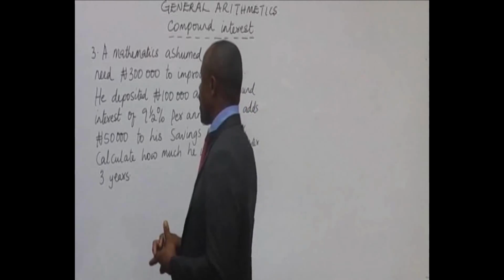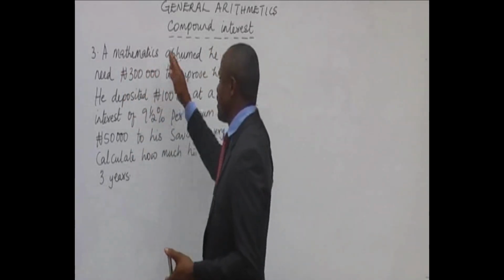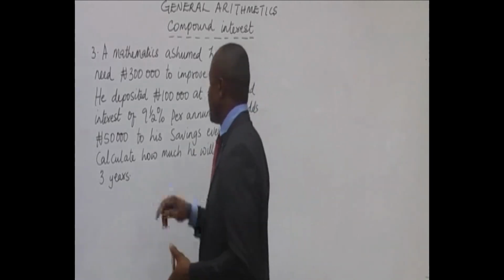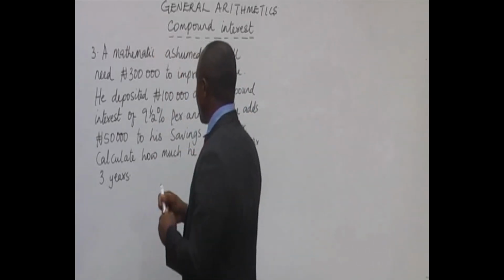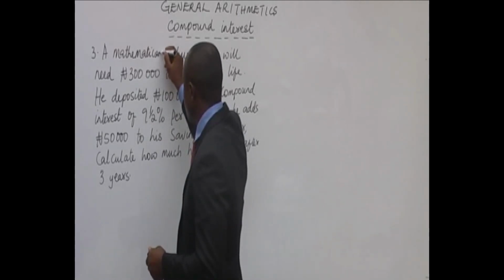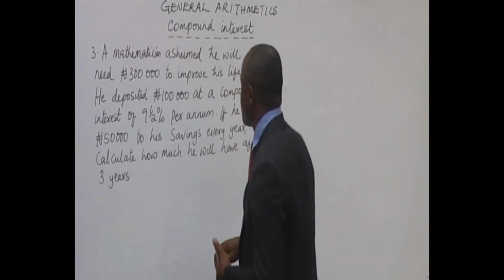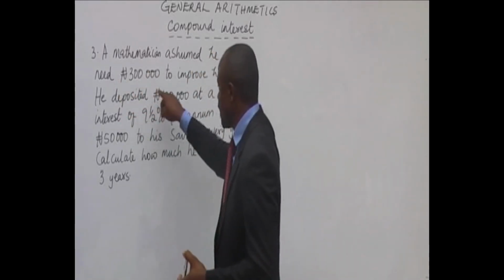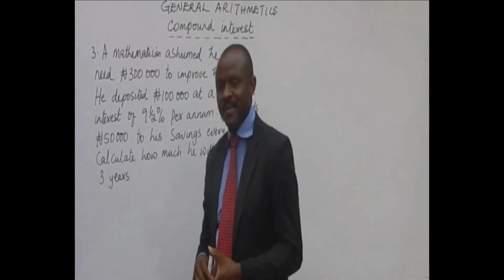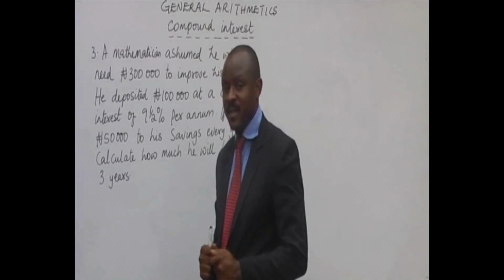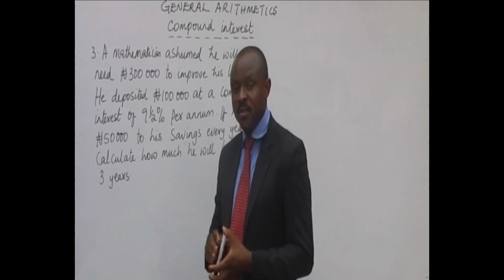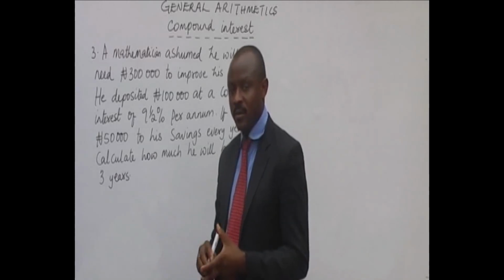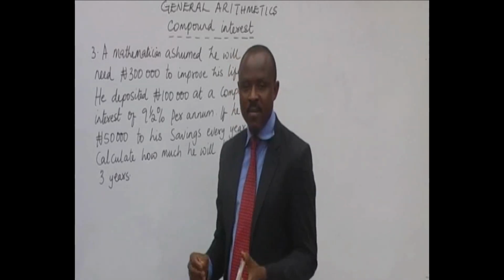The third question on our compound interest says that a mathematician assumed he will need 300,000 to improve his life. Yes, 300,000 to be able to visit friends, have a tour, change environment.